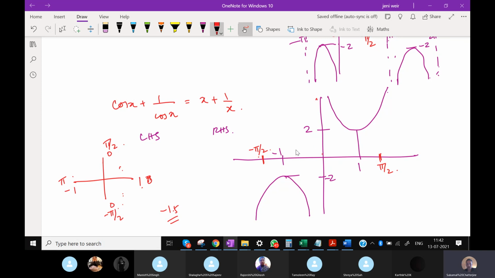So from minus pi by 2 to plus pi by 2, cos will be positive. So cos x plus 1 by cos x will remain in the first and the second quadrant, and the minimum value would be plus 2 when cos x equal to 1, that is when x equal to 0. So the graph will look like this.